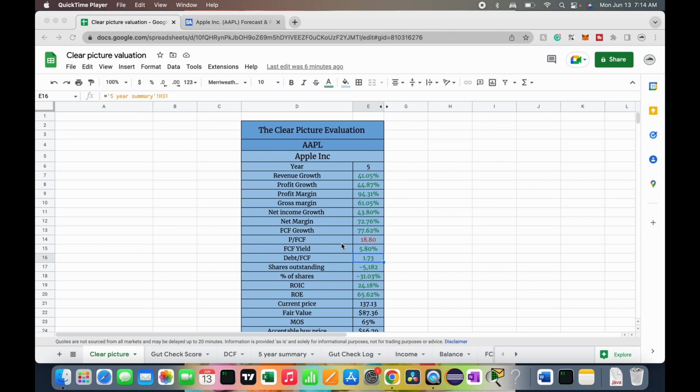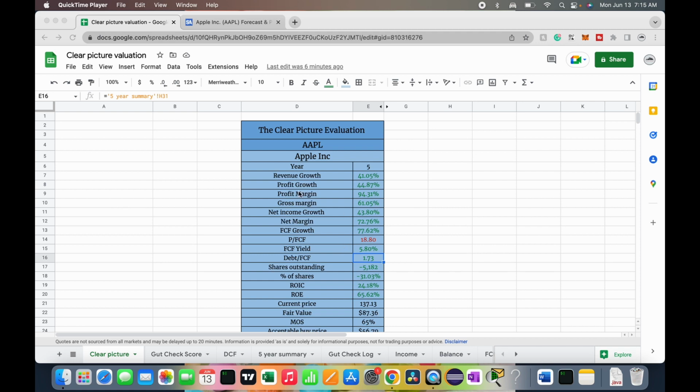They are buying back about 5,182, which in actuality is roughly about 5 billion shares. And they're increasing the value of their shares by 31%. Over the 5 year growth, the return on invested capital is about 24%. The return on equity is 65%.